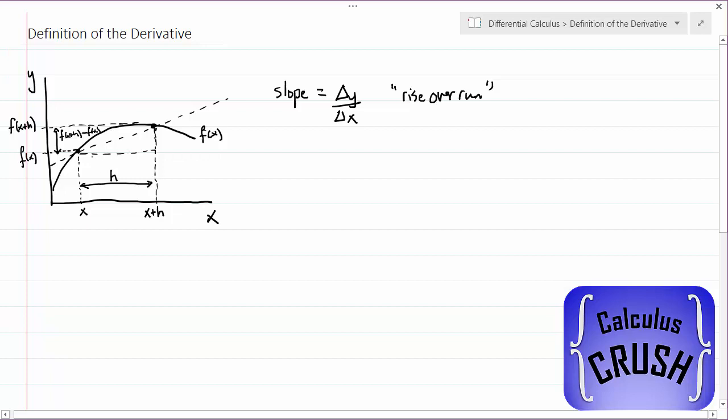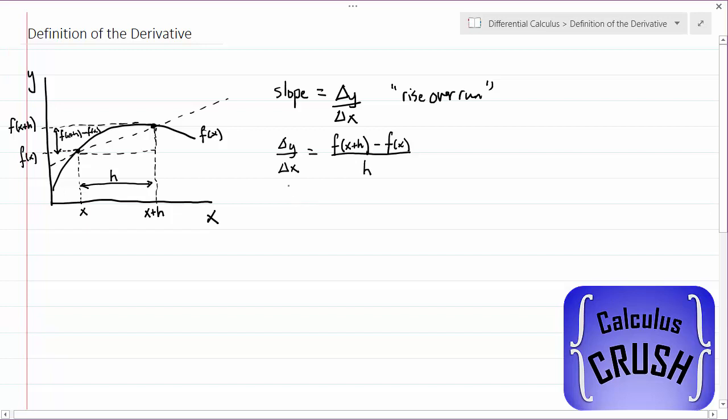So if we were to calculate the rise over run, the change in y over the change in x, that would be equal to f of x plus h minus f of x, all divided by, so this is the rise, f of x plus h minus f of x, and the run is just this distance h.